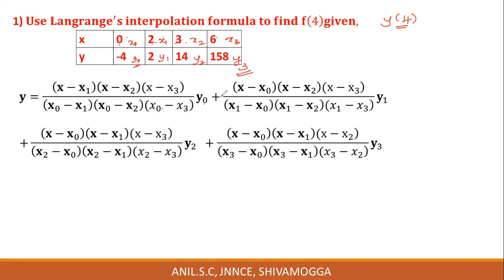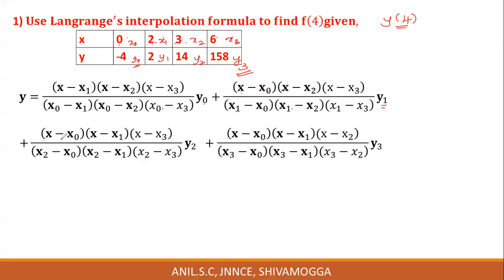This will be the first term. Plus. And in the second term, x1 will not appear in the numerator. x minus x0, x minus x2, x minus x3, divided by, now replace x by x1: x1 minus x0, x1 minus x2, x1 minus x3, into y1, plus next term.